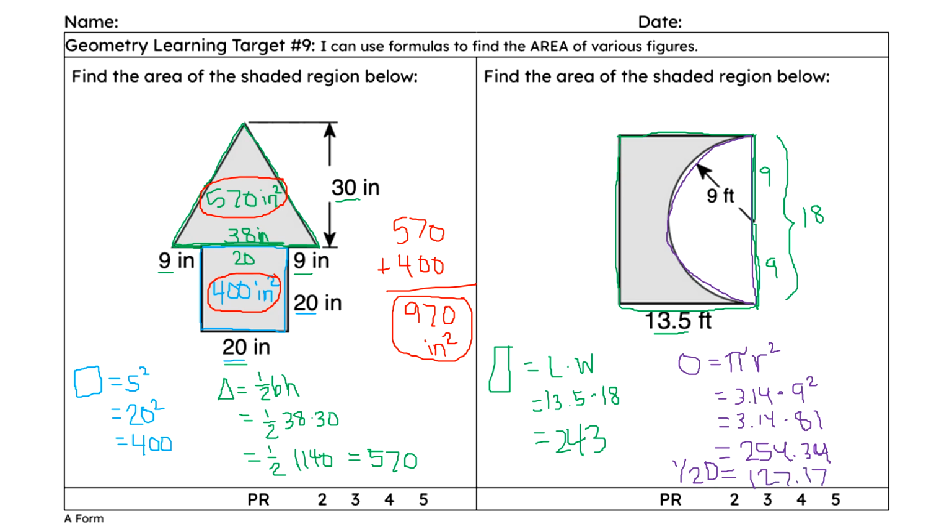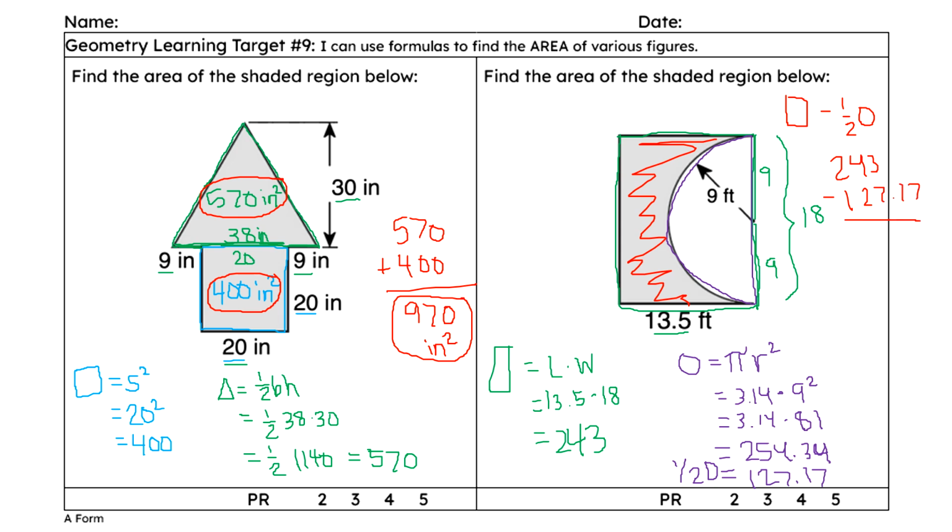So to find this section here in red, I'm going to take my full rectangle and subtract away the half circle. So I'm going to do rectangle minus half of the circle. My rectangle is 243 and my half circle is 127.17.